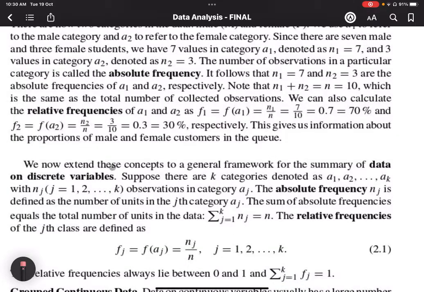We now extend these concepts to a general framework for the summary of data on discrete variables. Suppose there are k categories denoted as A1, A2 until AK, no? With Nj, j equals 1 to 2 until K, observations in category Aj. The absolute frequency of Aj is defined as the number of units in the j category of Aj.